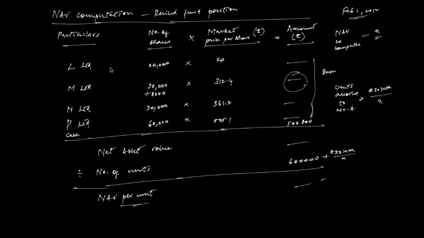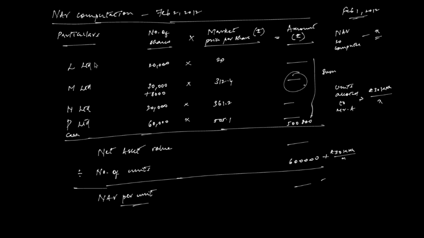What is the third bit? We should find out the NAV per unit as on Feb 2nd, 2012. Right? Okay. So we will find out NAV as on Feb 2nd, 2012. Let us change this to Feb 2, 2012.